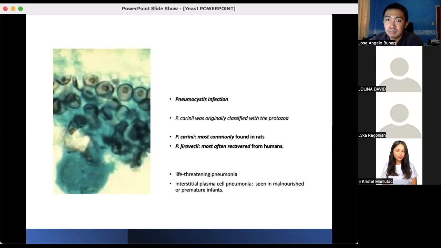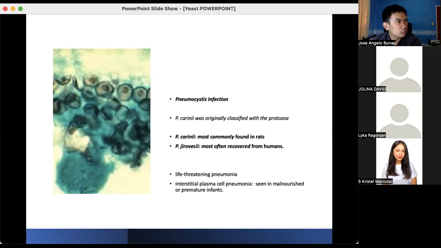So aside from that, you could also use specimens such as your bronchoalveolar lavage, yung ating mga transbronchial biopsy, your tracheal aspirate, yung mga pleural fluid natin, or you could induce sputum to your patient. And usually, their appearance is a honeycomb appearance under microscope.